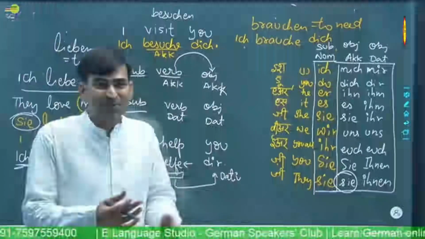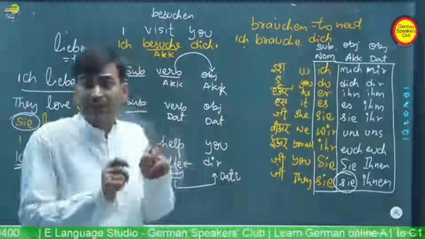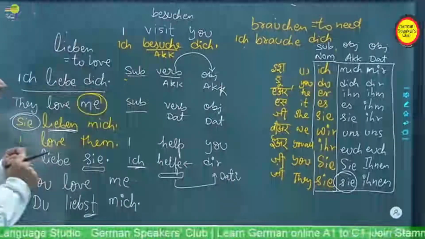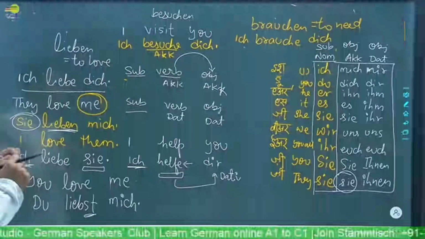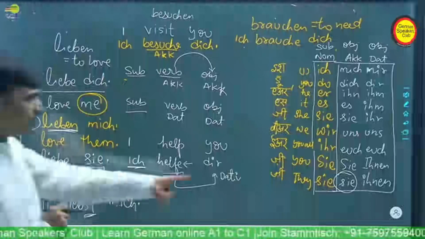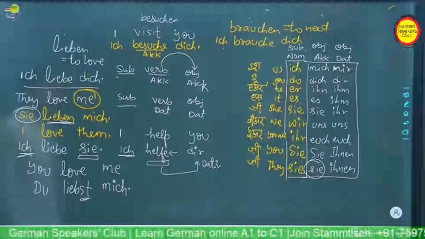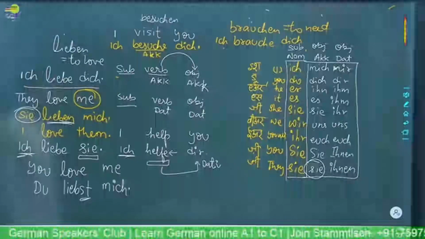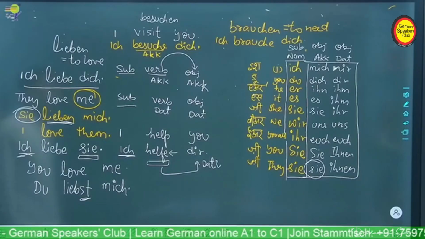So me becomes mich. Du liebst mich. Alright. And if it were I love you, it will be ich liebe dich.